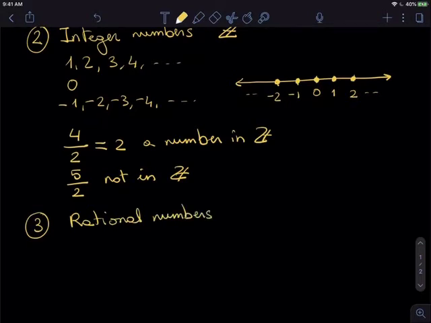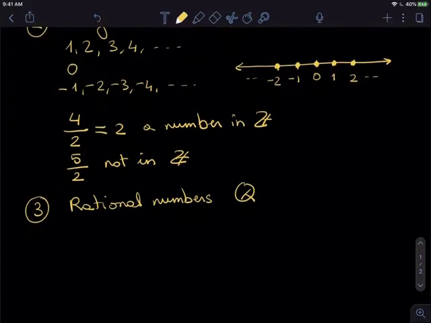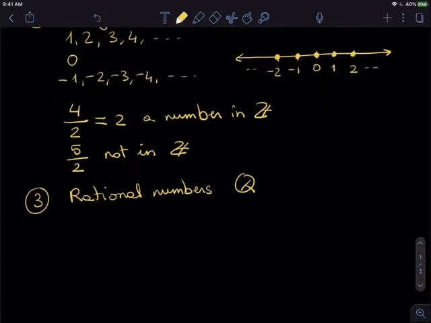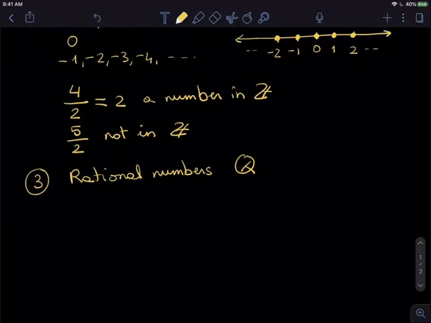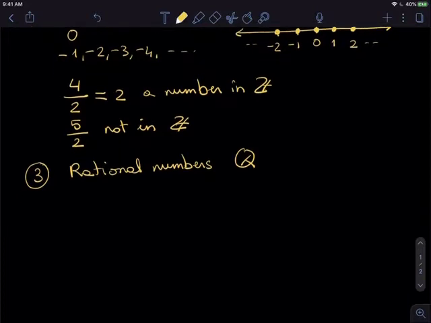These are quotients, and we denote them by a capital Q, also with a double line. In this case, we are going to add all possible quotients of the numbers we already have. So they are of the form A over B where A, B are integers, they can be negative too, and B is not 0. That's important. And these represent proportions, ratios.